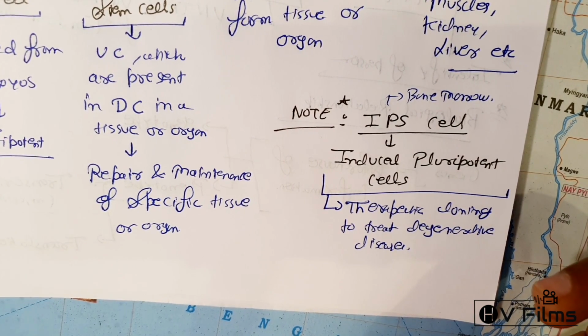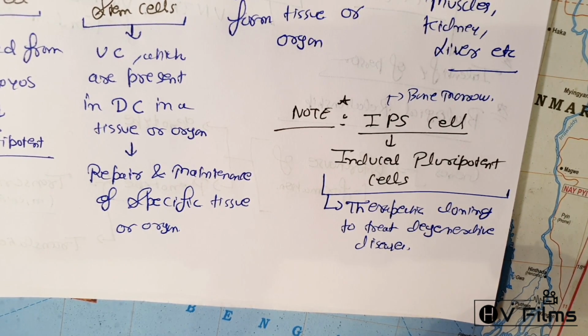This is mainly about these things, and they are created by stimulating mature and already specialized cells back into the juvenile state without the need for embryos. So this is mainly about the stem cells.